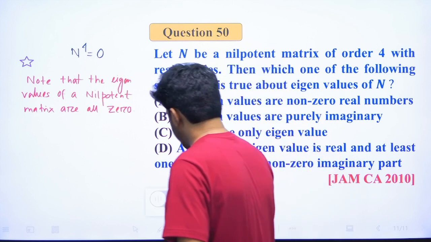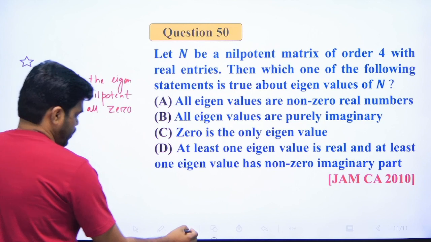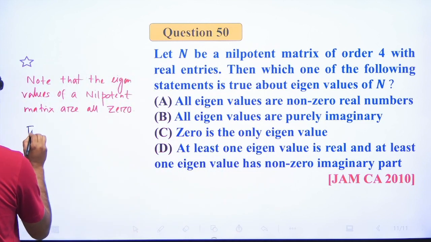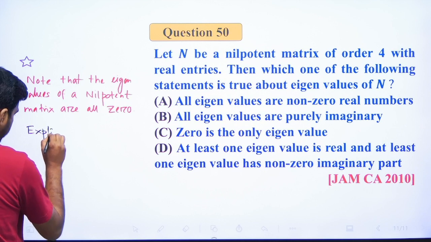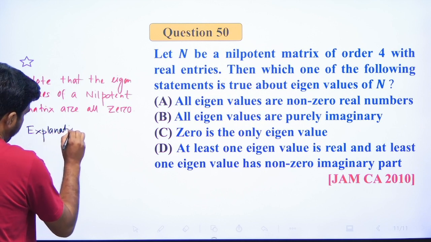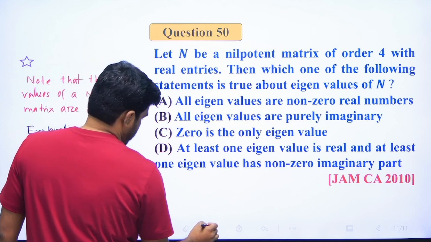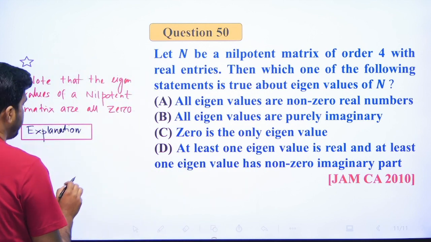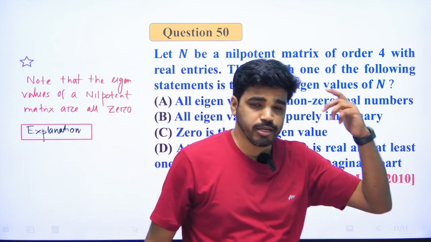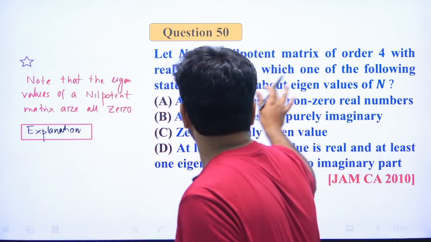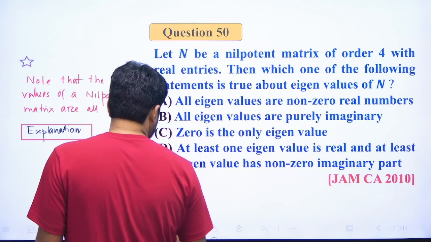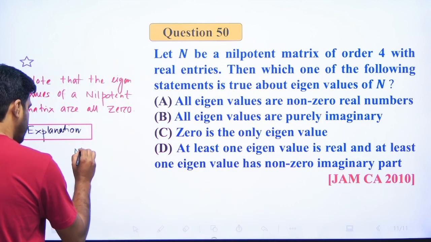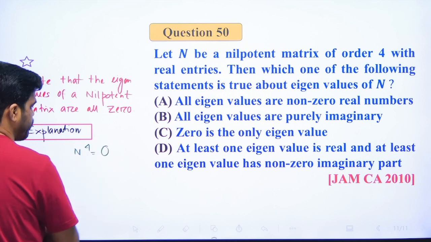Here it is given that N is a nilpotent matrix of order 4, right? That means N to the power 4 is a null matrix.